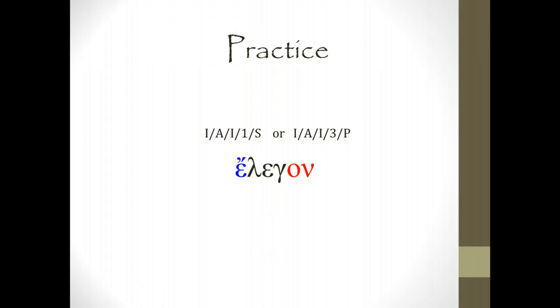So here is our parsing. This can be either an imperfect active indicative first person singular or an imperfect active indicative third person plural. And that means in your translation that you have to determine in context which one it's talking about. So in this case, we will translate it both ways. I was loosing or they were loosing.